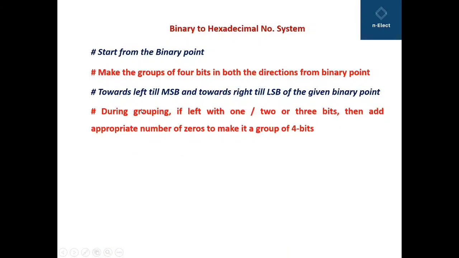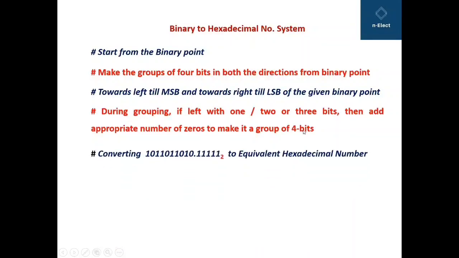While making the groups of 4 bits, there are chances that you may be left with 1, 2 or 3 bits short. At that time you can add the necessary number of zeros and make the group of 4 bits.